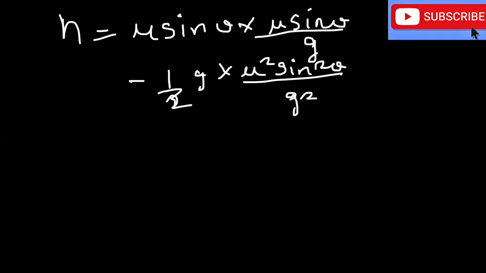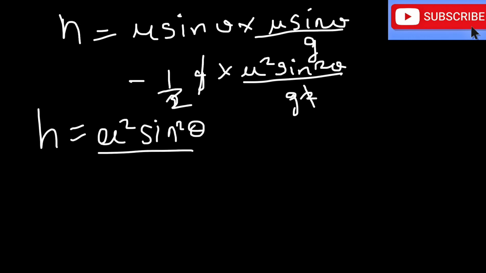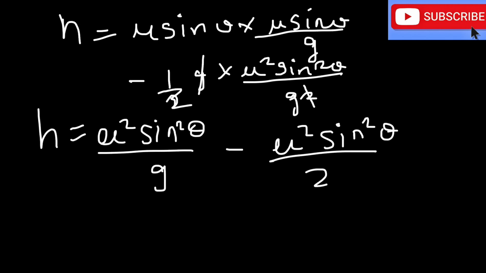Now let us simplify this. I can cancel a g, so the power reduces. Now it becomes u square sin square theta upon g minus u square sin square theta upon 2g.